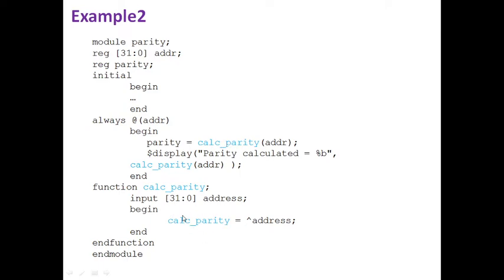I will have the value, and this value is passed back, here to this parity, and we know that parity is again of type reg. Whatever we have calculated here is passed back to parity, and calc parity is implicitly declared as a register inside my Verilog HDL code.